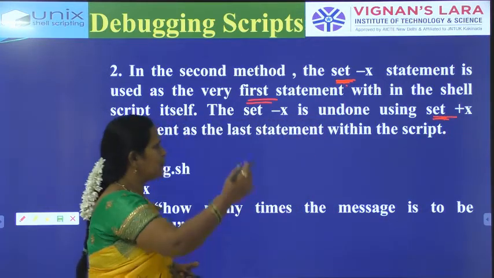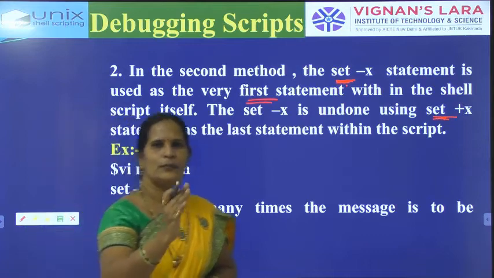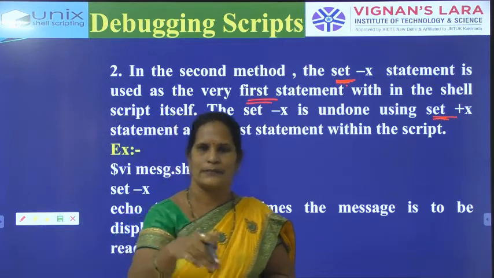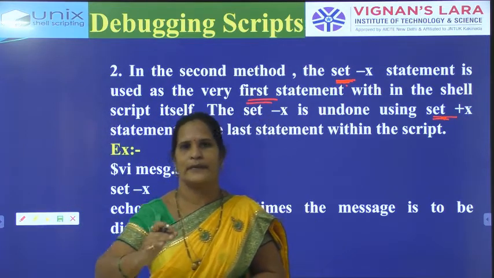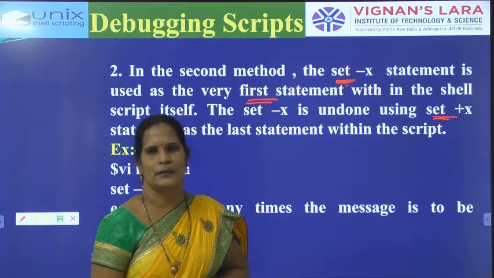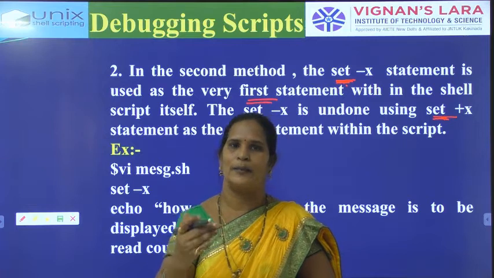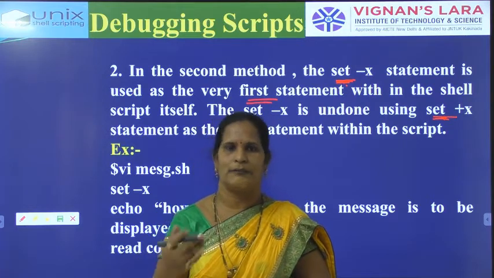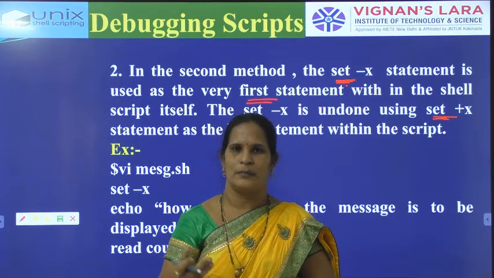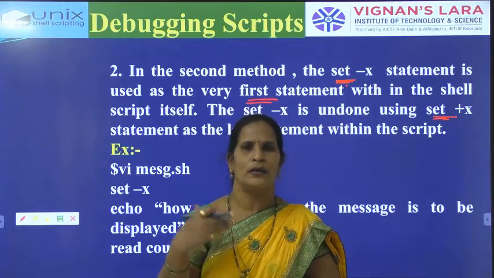If we specify set space -x in the first line of the shell script and set space +x in the last line of the shell script, then we can view the execution of statements line by line, and we can check if there are any errors and the statements which are not executed. Everything we can view.